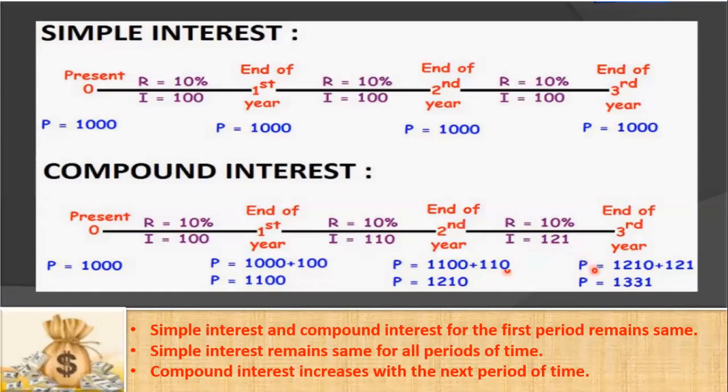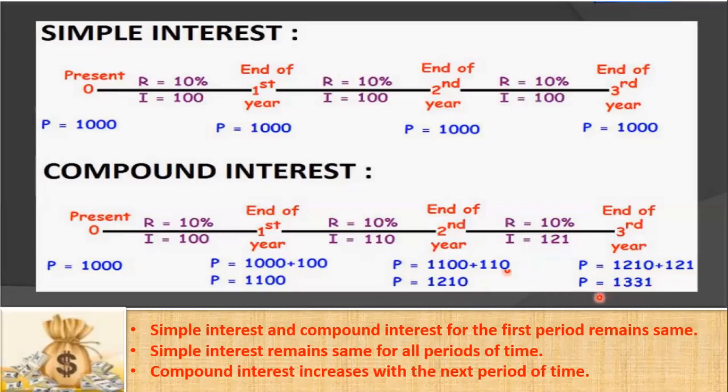So amount will become 1210 plus 121, that is 1331. Now if we will go for fourth year, then for fourth year, this amount will act as principal. So in the same manner, the compound interest will be increasing.